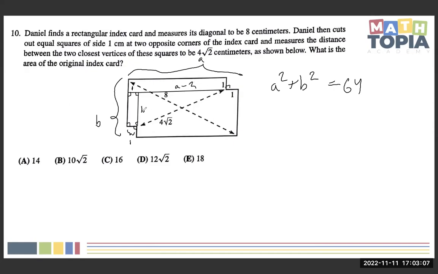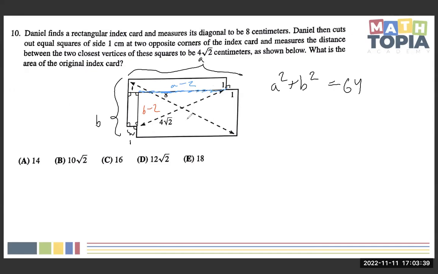We follow the exact same steps to get that this length here is B minus 2, and this length here is A minus 2, right?